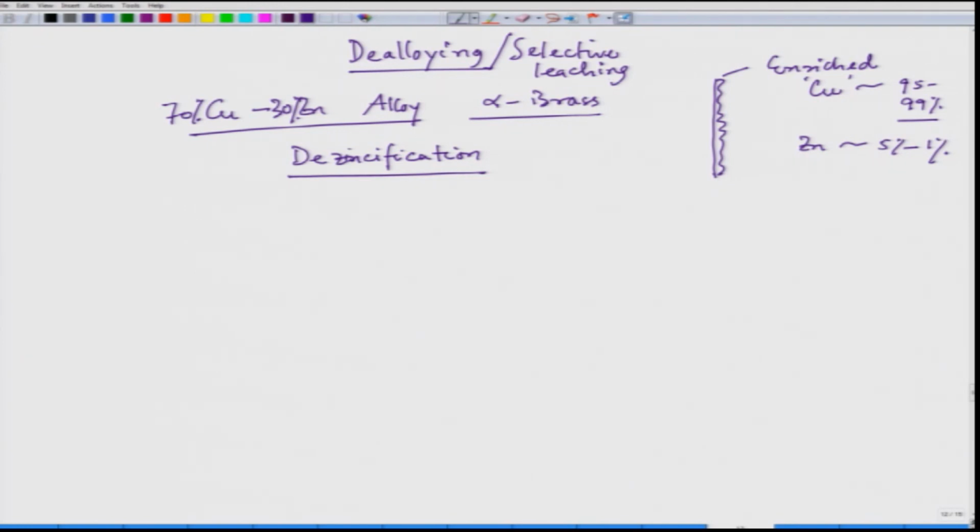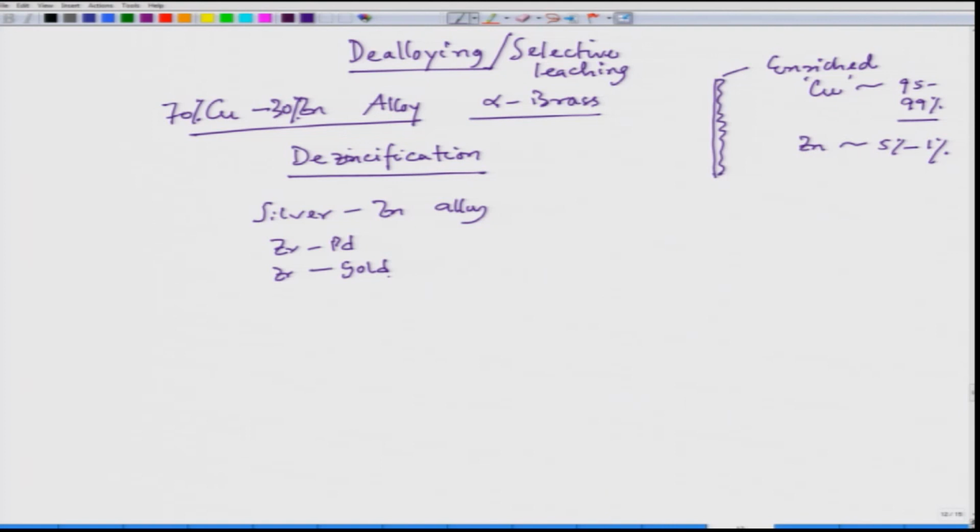So, this dealloying can be observed in many other situations, like silver zinc, like zirconium palladium alloy, like zirconium gold alloy.